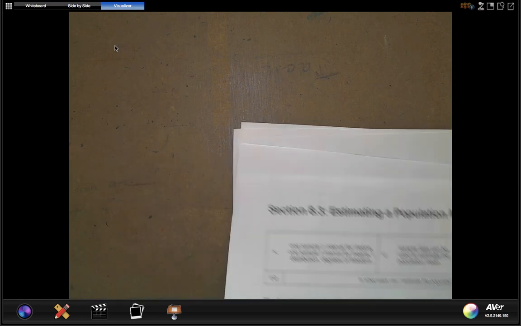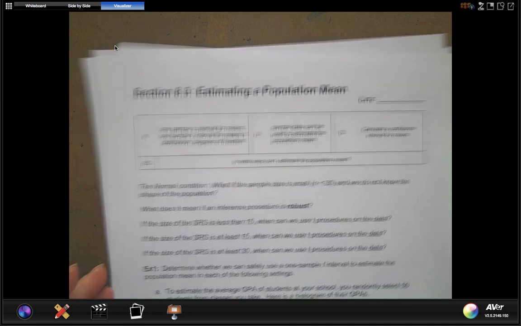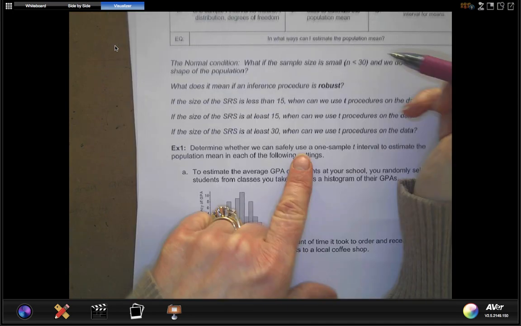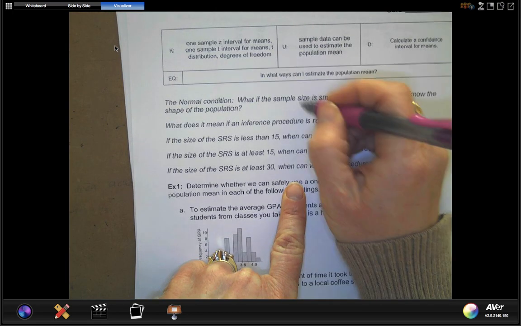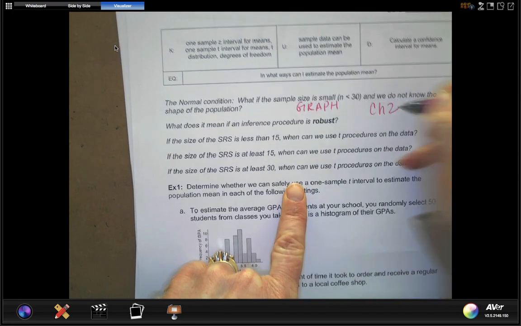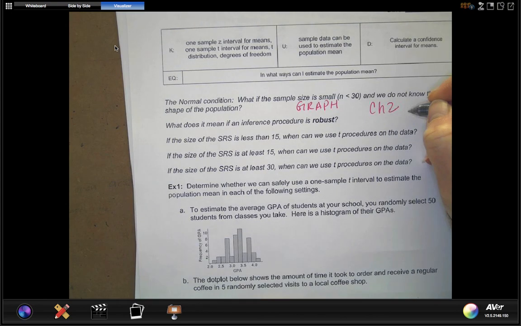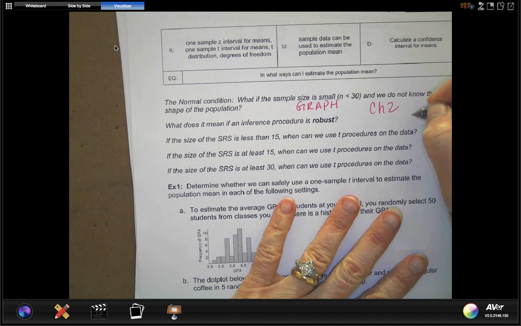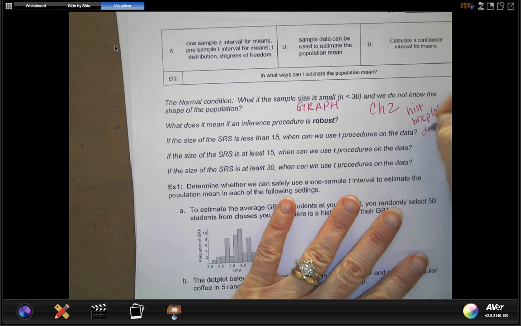Basically, if you don't know your sample size, you are going to have to look at a graph. So we did this back in chapter 2. Remember we talked about assessing normality. And one of the things that we did is we looked at a histogram and we looked at a box plot, or we looked at a dot plot, or we looked at the normal probability plot.